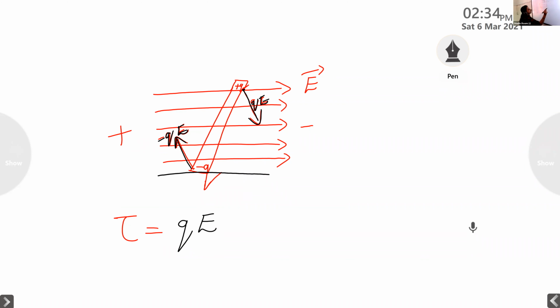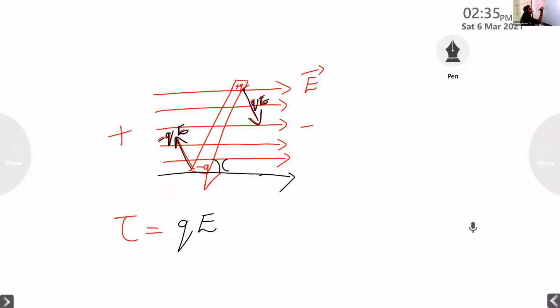In order to find out the perpendicular distance, we consider an angle between the electric dipole and that of the electric field.